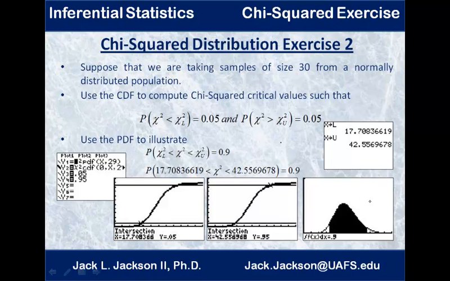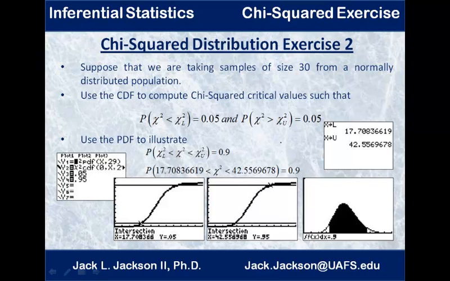Okay, so let's take a look at this. I want to use this chi-square CDF really to basically compute everything. So the chi-square CDF, again, 0, x, 29, because this sample size is 30. And I'm going to need horizontal lines at 0.05 and 0.95.